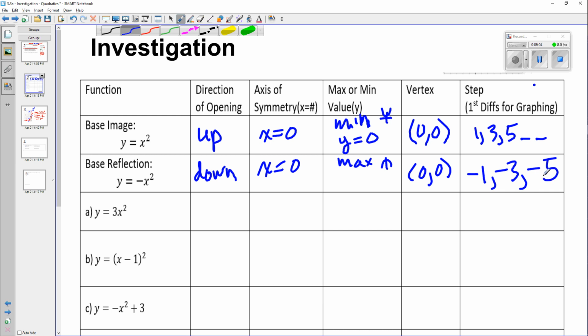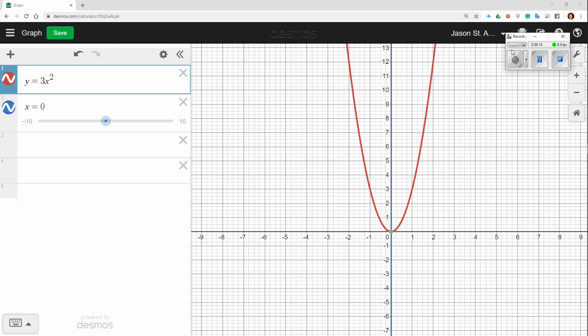Okay? So now, let's take a look at y equals x cubed. Whoops, sorry. I meant y equals 3x squared. So let's take a look at that. When you graph this, nothing has really changed. The graph still opens up. Its axis of symmetry is 0. The vertex is still 0, 0.